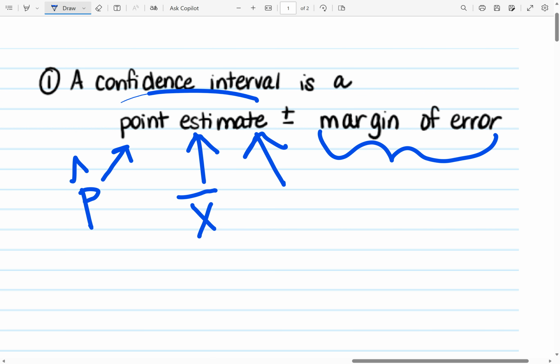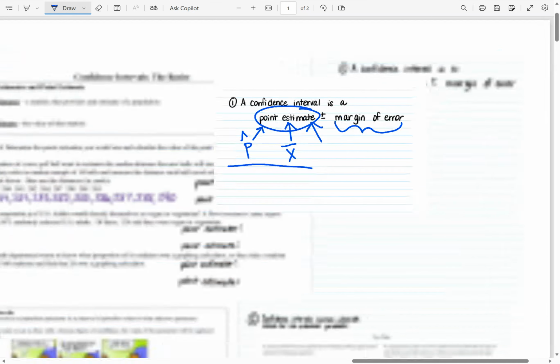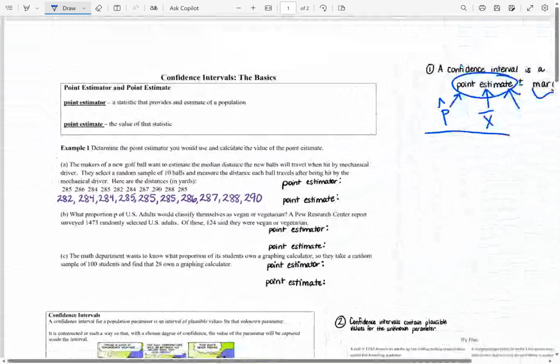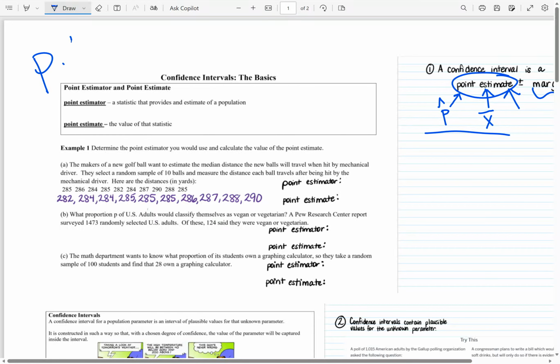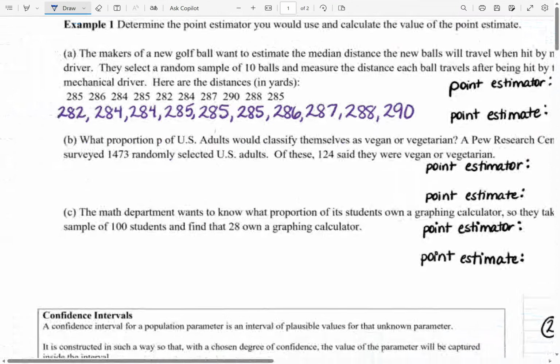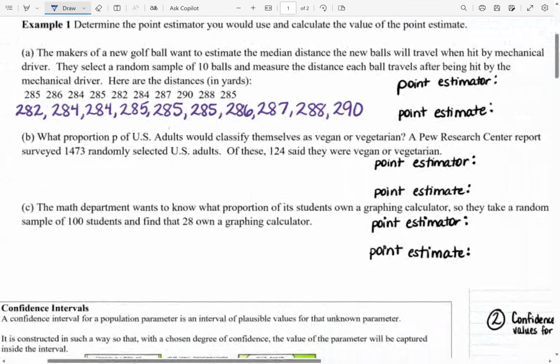So let's zero in on this idea of a point estimate for a second. We've got example 1, and by the way, we are on page 4 of your notes packets. In example 1, we have 3 parts where we're going to identify what we're using as our point estimator and what we're using as the point estimate.